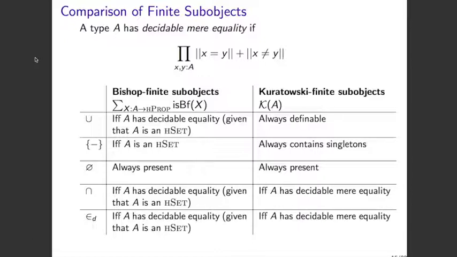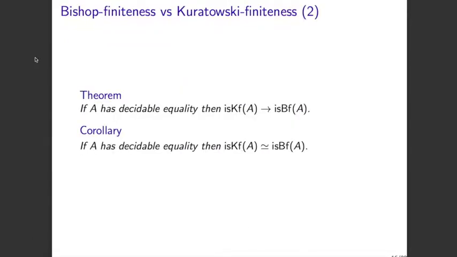So we can then show that under some conditions, those definitions coincide. Specifically, if the underlying type A has decidable equality, then the Kuratowski finiteness of A implies the Bishop finiteness of A. This is shown by induction on the finite set witnessing the Kuratowski finiteness of A.